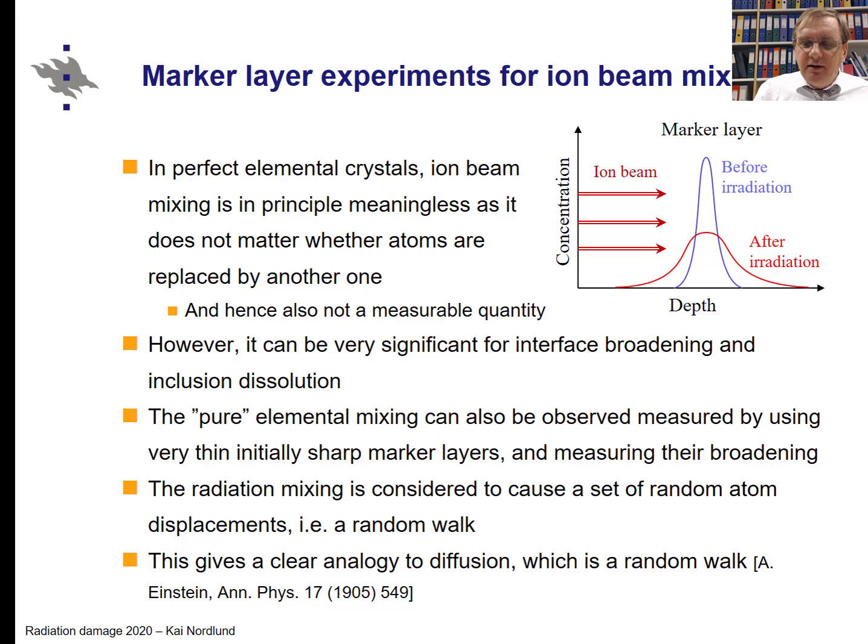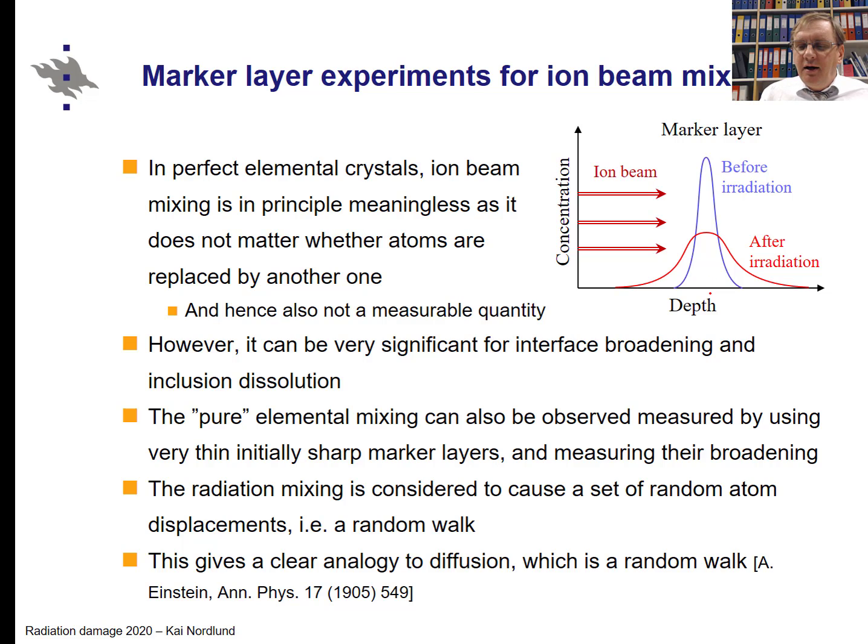Well, the ion beam mixing is interesting because it can be experimentally measured, and it measures directly the primary damage state if you don't have any diffusion going on afterwards. And the idea is that to measure it, you form a marker layer, a thin layer of one material inside another, or in the best case an isotope, for instance, iron 58 isotope in regular iron, which is mostly iron 56.